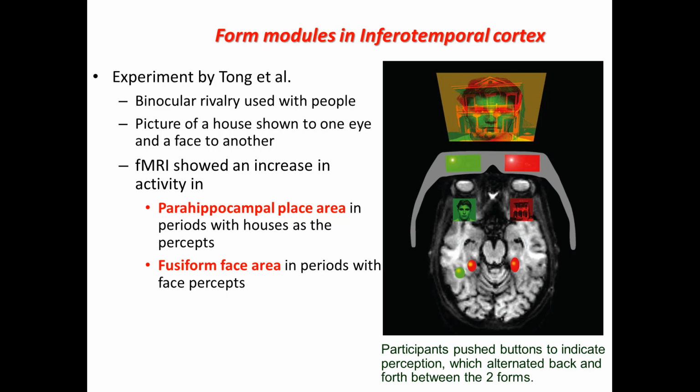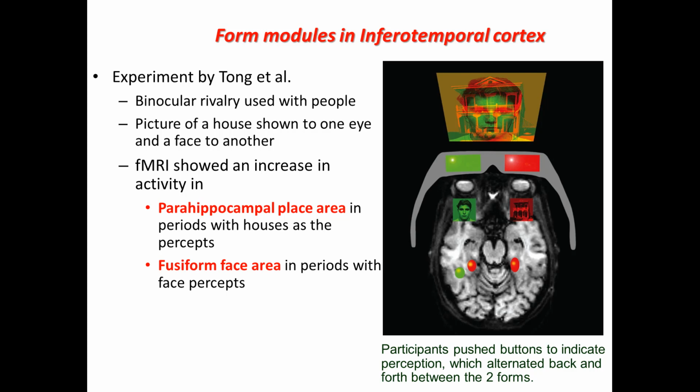In particular, the area deep in the inferotemporal cortex, marked here in green, called the fusiform face area, showed highest activation correlated with the perception of faces, while the parahippocampal areas, these red areas, showed a concomitant increase in activation with the participants' reports of seeing houses.